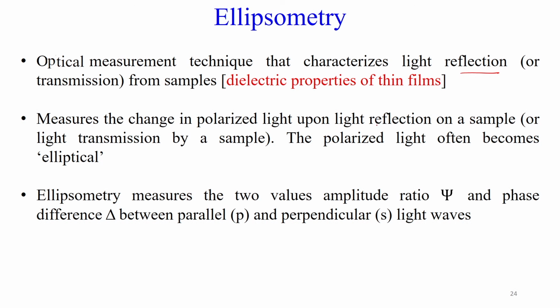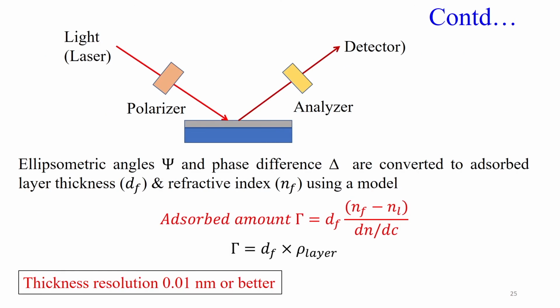It may have reflection or transmission, so that polarized light becomes elliptical. This is a light source, let us say a laser, going through the polarizer, then coming to the surface, then reflected through an analyzer, then going to the detector.